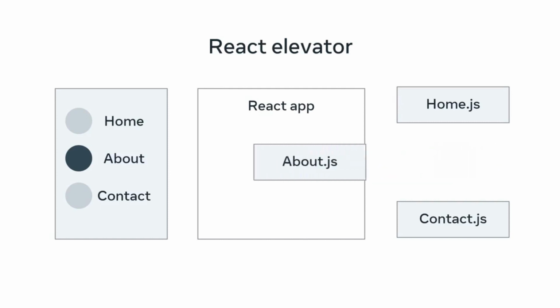Instead, when you press a button in this React elevator, the entire construction of that given floor is injected into a single floor of this impossible building. That means that React by itself only takes care of the visuals of a single page, but has no notion about navigation between pages. However, this functionality is not available to developers from the React library itself.